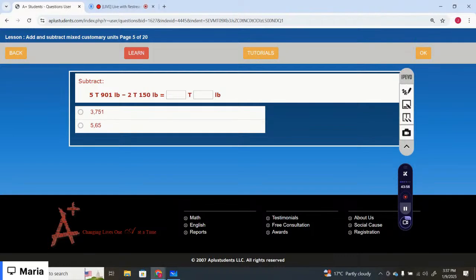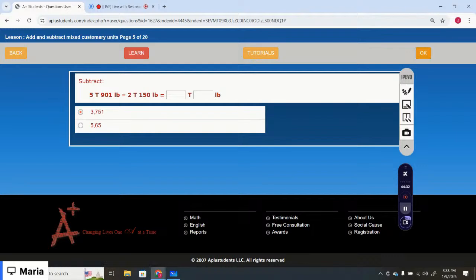5 tons 901 pounds minus 2 tons 150 pounds. Which is the correct option? That is 3 tons and 751 pounds.